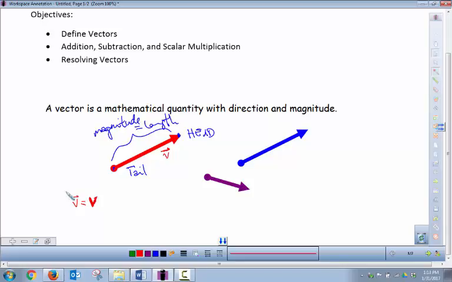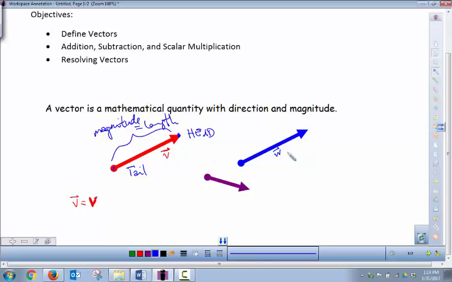But in math and physics, regardless of how you look at the vector, it still has to follow the right-hand rule. And in computer science, it kind of loses that idea because the y goes down. Anyways, we can name these vectors with letters like V and W or A and B, and as long as you put the arrow on top, then it would be denoted as a vector.